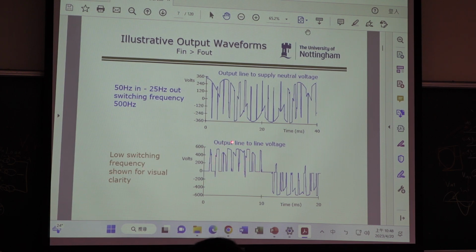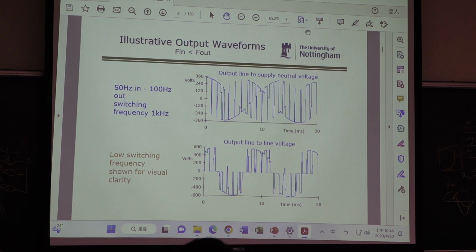Line voltage is very close to a square waveform. Okay, this is 50 hertz. Output is 100 hertz. So for our eyes, it is very hard to see what is the output frequency. How about the output line to line?